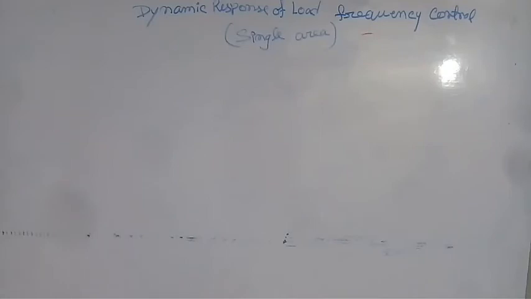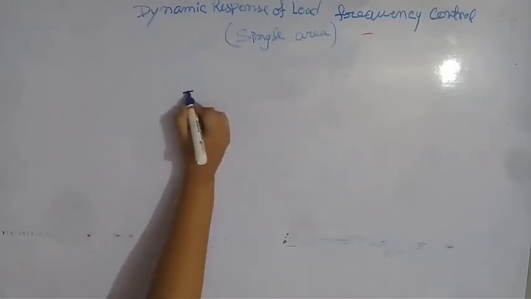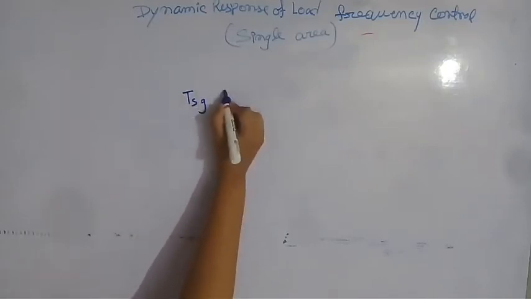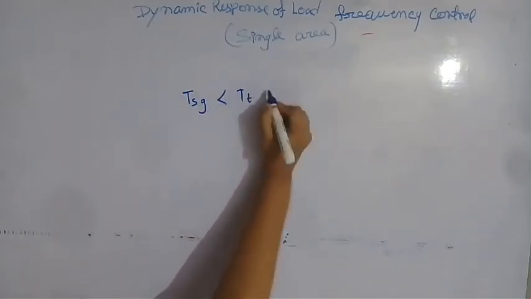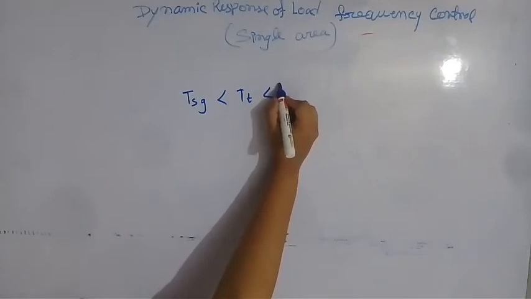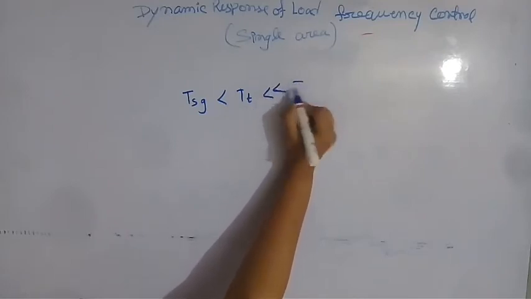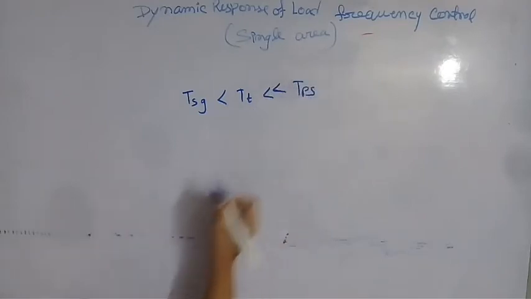However, the characteristic equation can be approximated as first order by examining the relative magnitudes of the time constants involved. Typically, the time constants of the load frequency control system are related as TSG < TT << TPS.